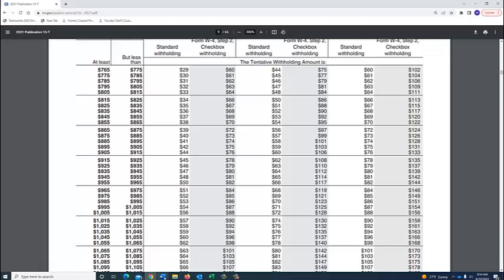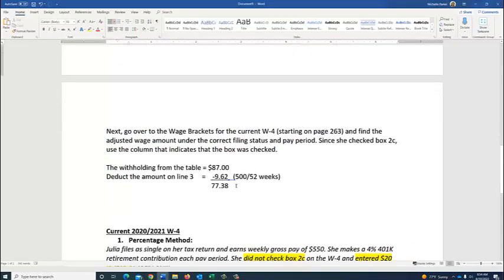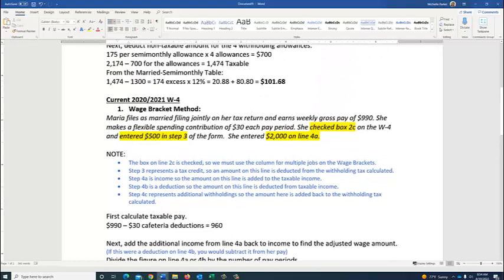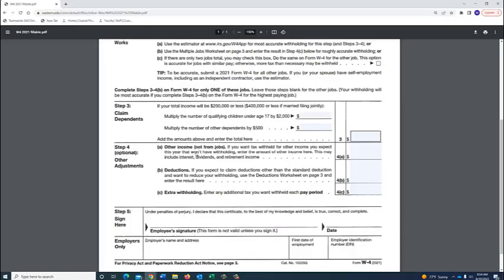So let's go back over. We've got something else to address now. Okay, her withholding is 87, but remember here she had entered the $500 from step 3. And remember that is for a tax credit. So she gets a $500 annual tax credit for a dependent over the age of 17.